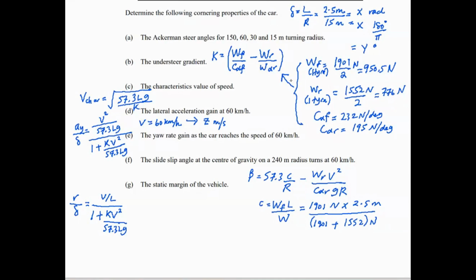C alpha R is the value you determined at equation B here. So you can plug in all the values and you get the slip angle in degree.